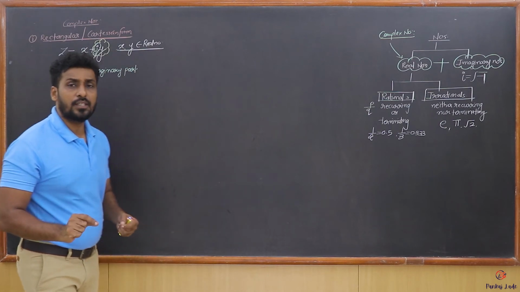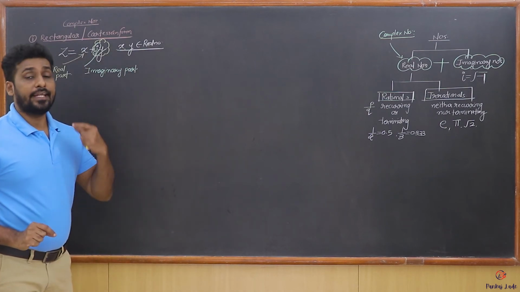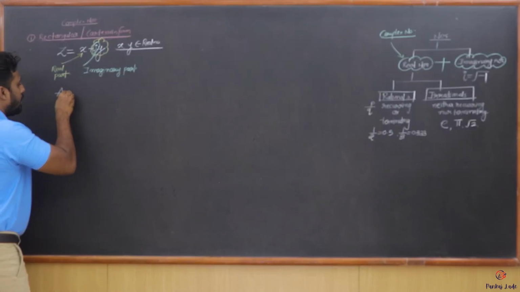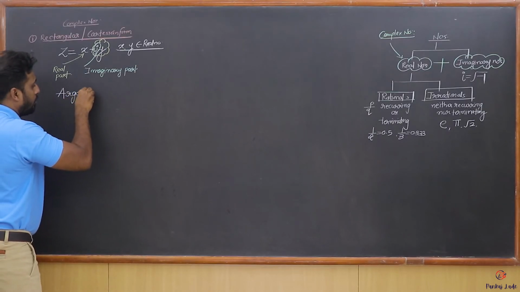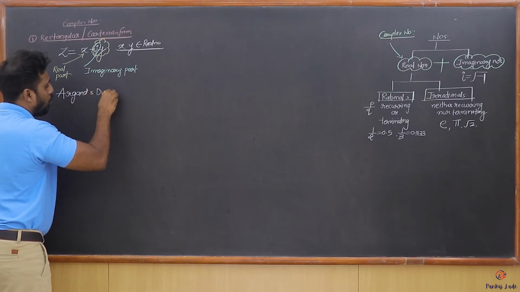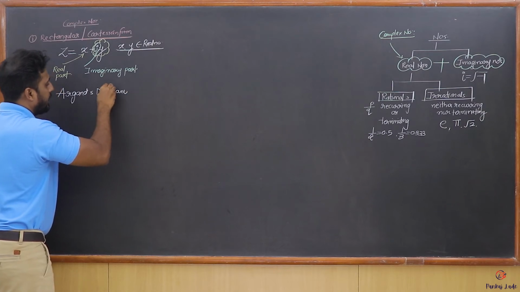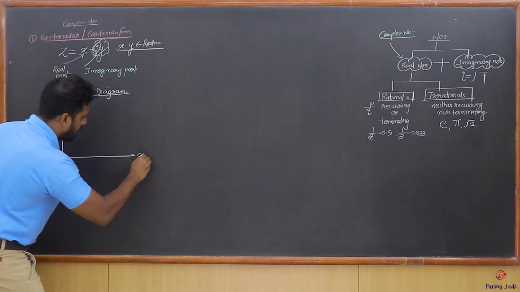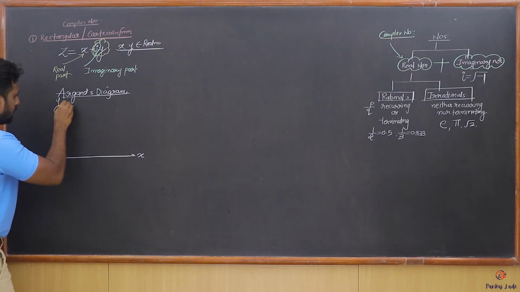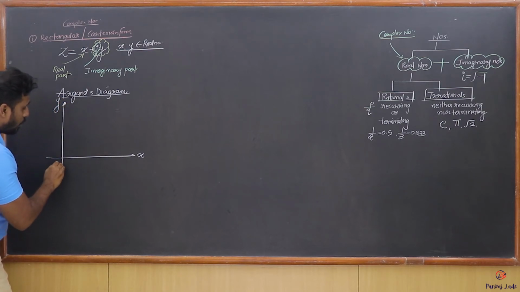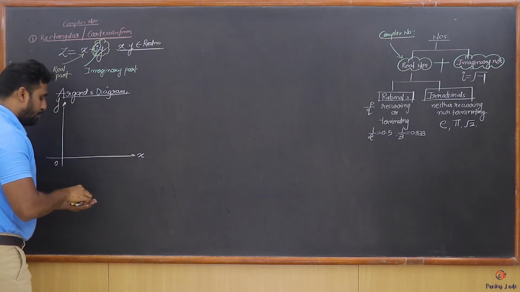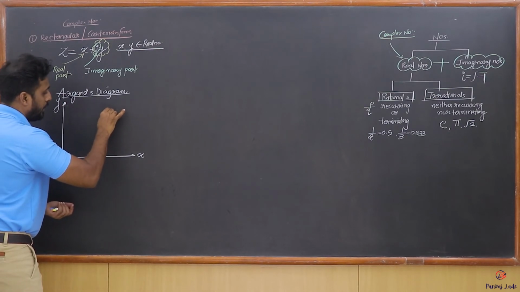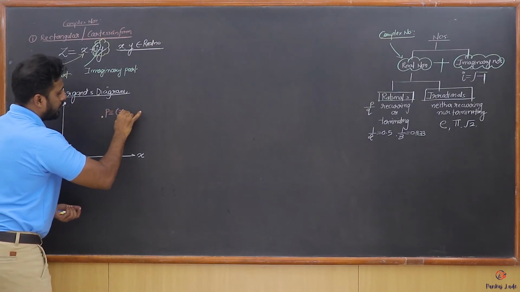So for simplicity, we are going to take x and y in the first quadrant. So I'm going to draw something called an Argand's diagram. Let's understand what an Argand's diagram is. So students, I take the x-axis and the y-axis, and this is the origin. Let's take a point P. I'm going to take a point P here. This point P has coordinates x, y.